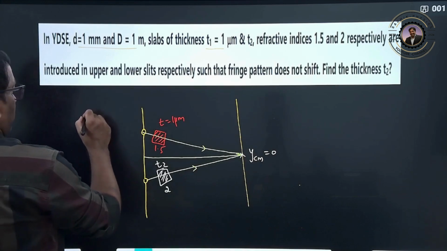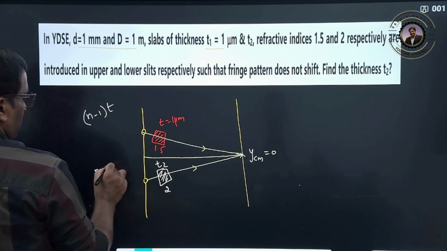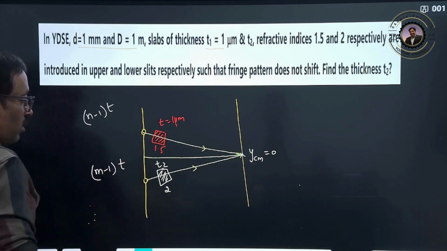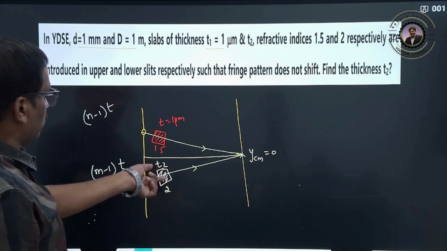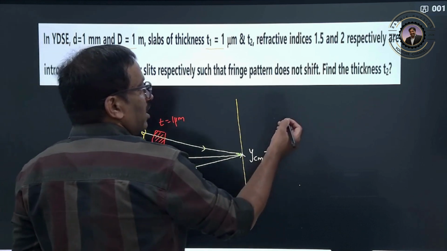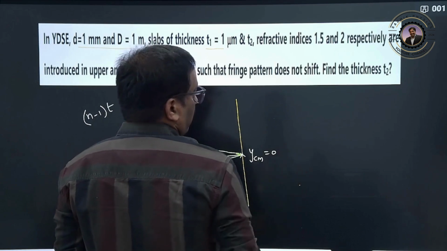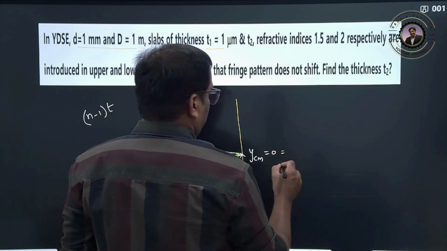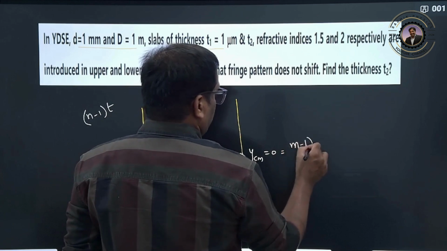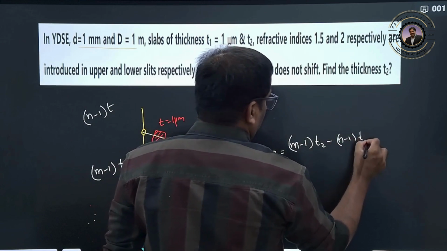It is (n minus 1) into t. Here one is shifting downward and the other upward. So we know y_CM is (n minus 1) t D by d. So what can you write now? It is (m minus 1) into t2 minus (n minus 1) into t1.